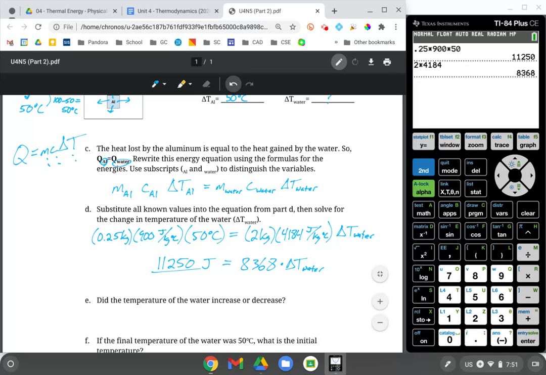So now I can divide both sides by this 8,368 to cancel it out. And then we'll get the change in temperature of the water. The change in temperature of the water is 1.34 degrees Celsius.